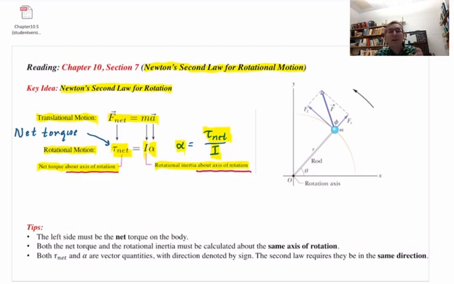But just so that you don't think I'm pulling this result out of nowhere, let me make it plausible, this tau net equals I alpha, by looking at a little experimental setup. And in this setup, the drawing is over here on the right, we have more or less a particle.